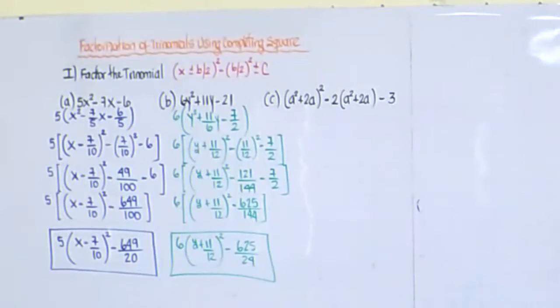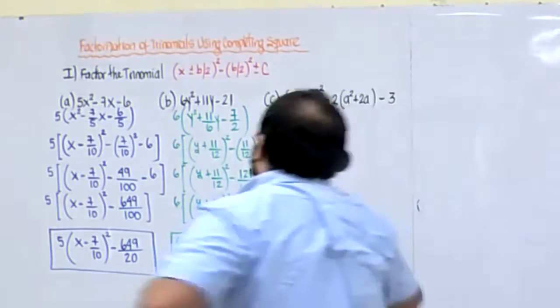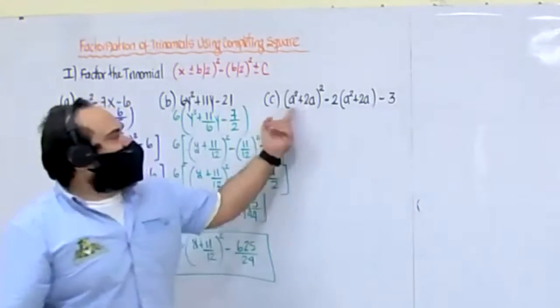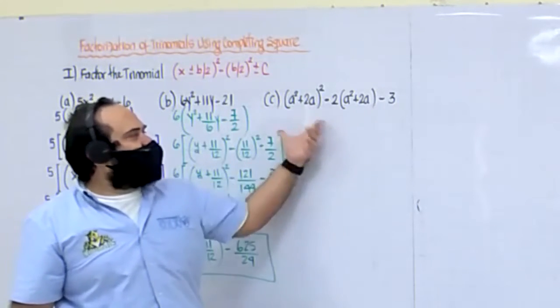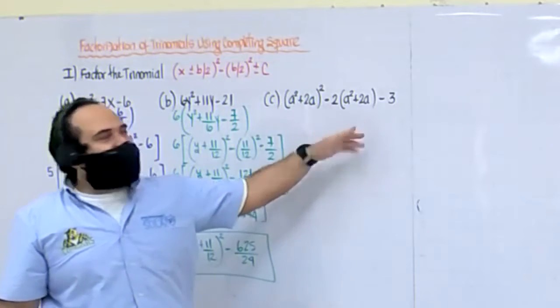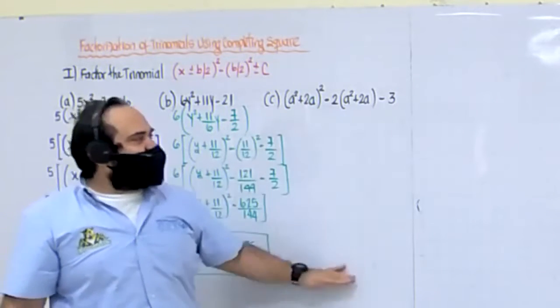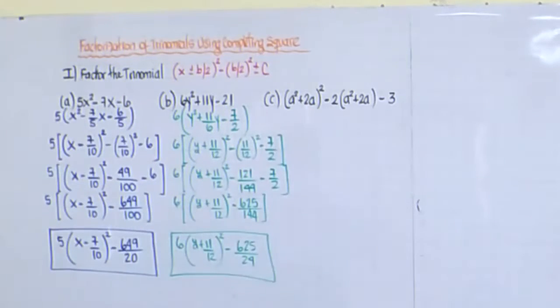In the long way, we must apply the special formulas, the distributive property, and like terms, and after that factorize the expression using completing the square. But this is the long way.